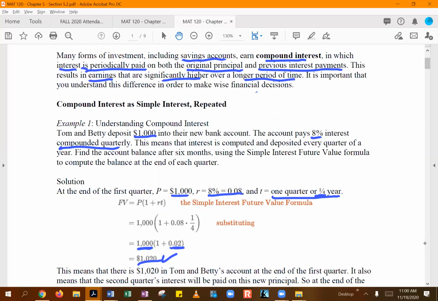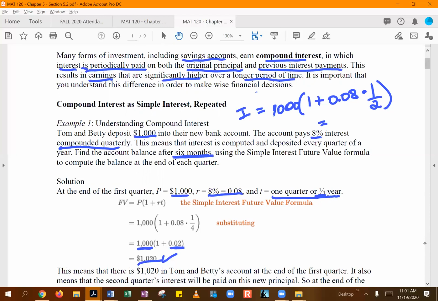Now, if you had just done the original calculation without compounding quarterly, so think about this. If you had $1,000 to deposit at a rate of 8%, but you were only going to do this for half a year, because we're still calculating this for 6 months, you would multiply this by half a year.